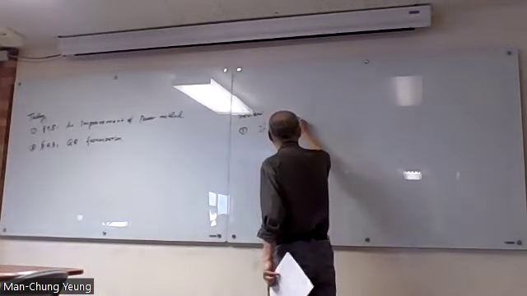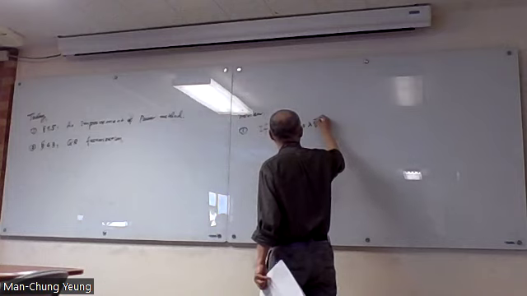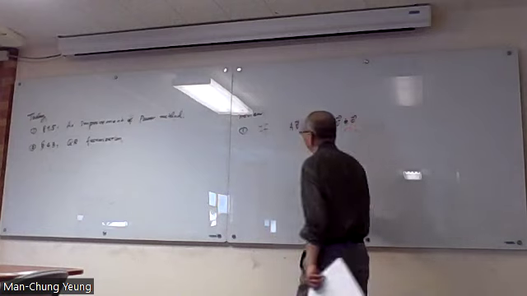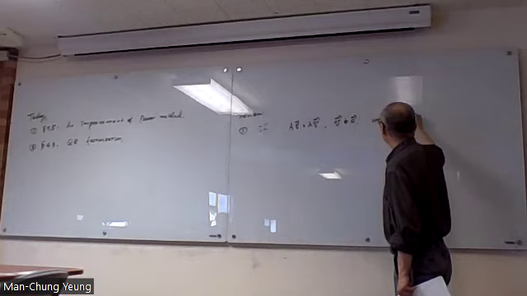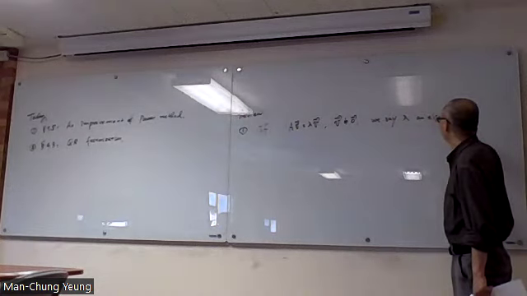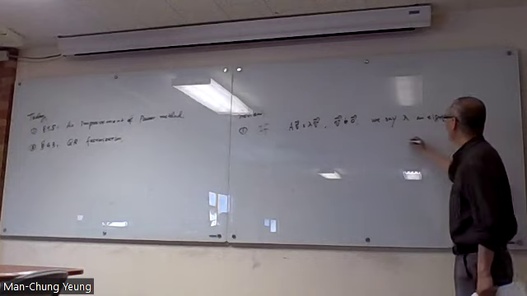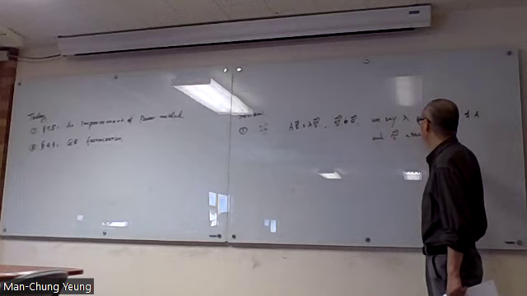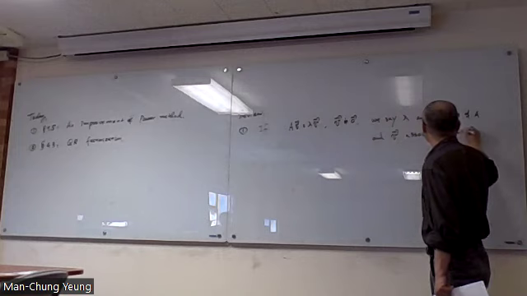If this equation holds, where vector v belongs here, then we say that lambda, this scalar, this number, is an eigenvalue of matrix A, and the vector v is the associated eigenvector.